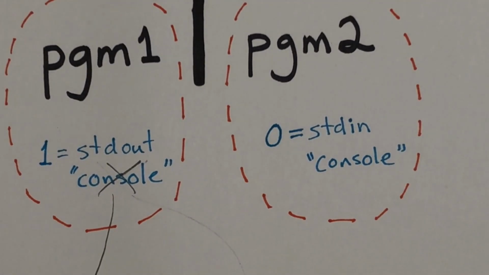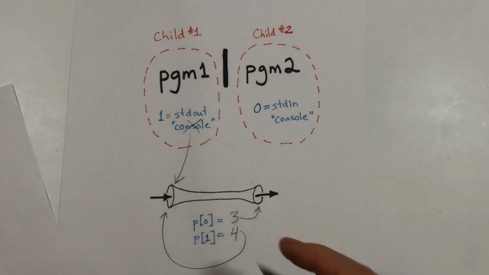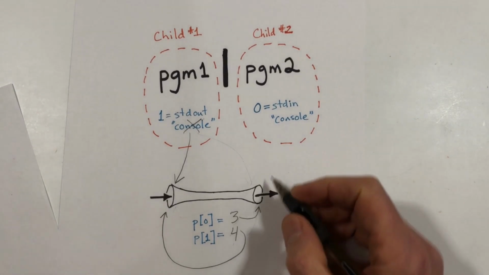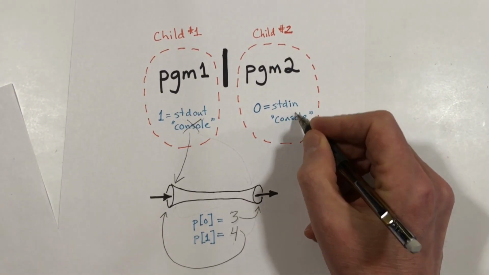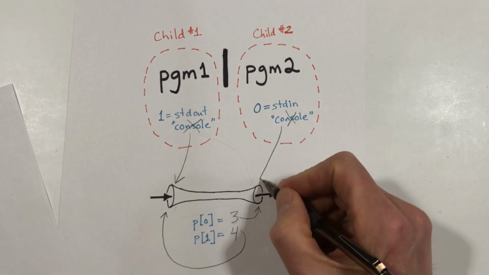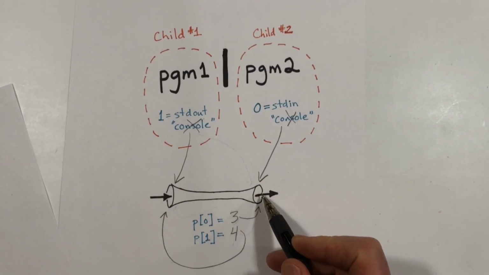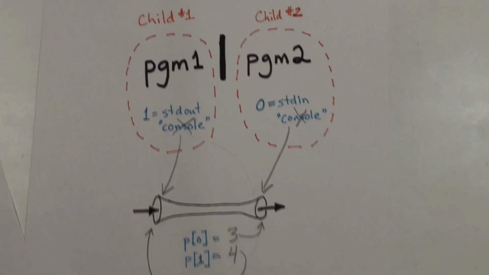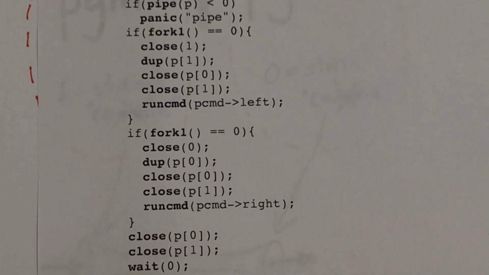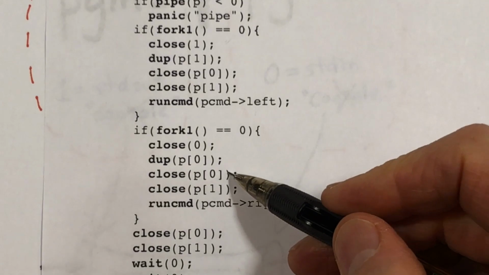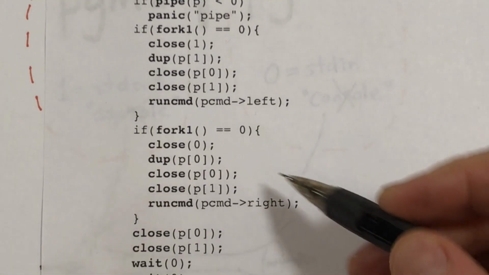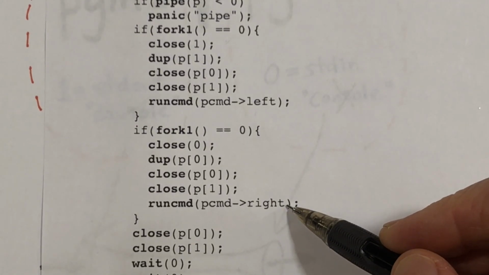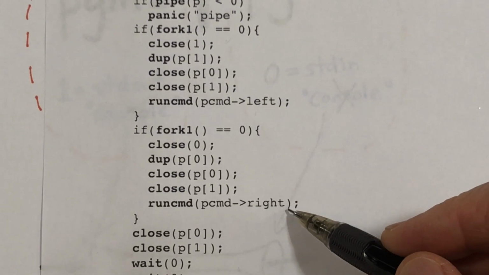Well, P0 is 3, so we're now causing file descriptor 0 to be a descriptor that points to the output end of the pipe. Again, we close file descriptors 3 and 4, which we don't need, and then recursively call ourselves to execute whatever is to the right of the vertical bar.